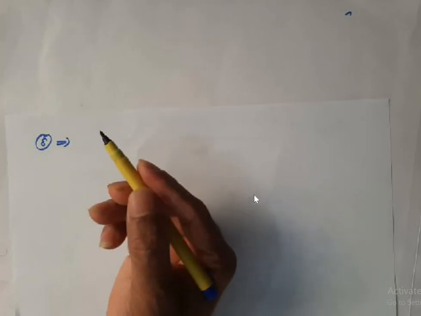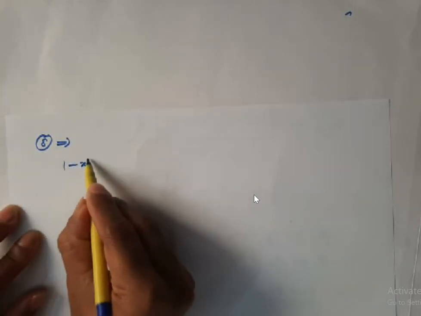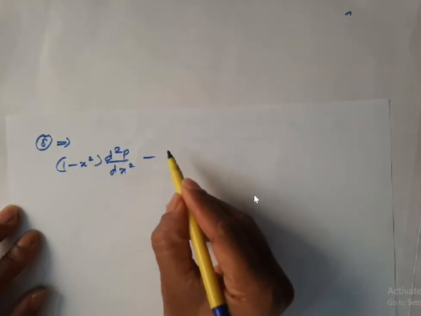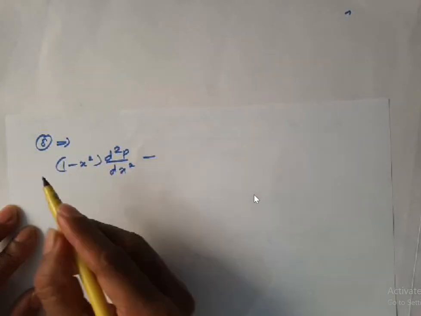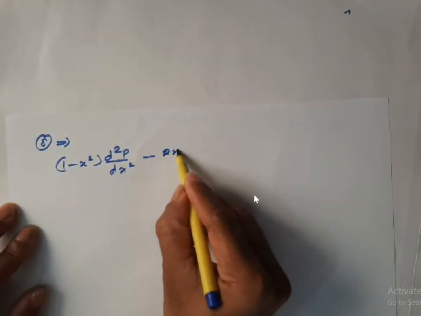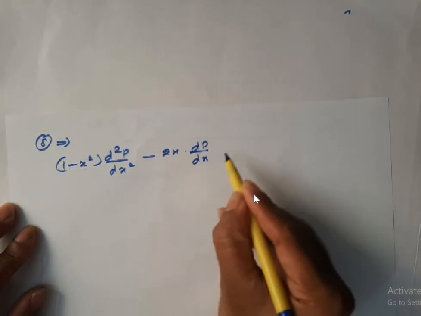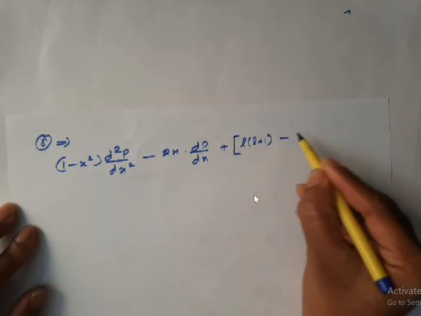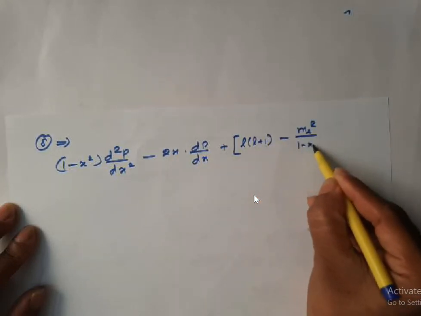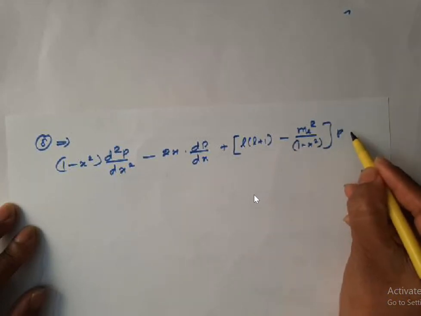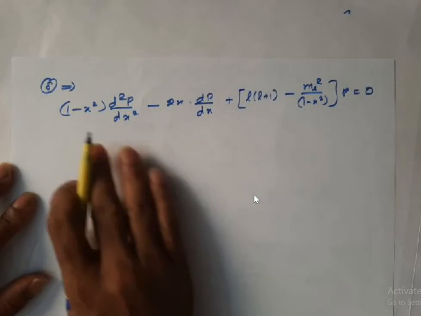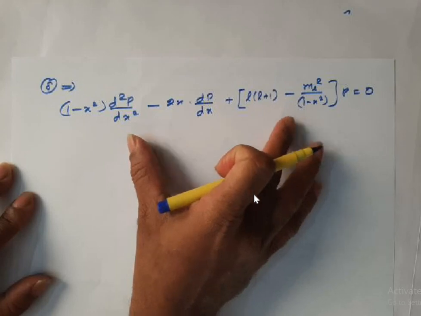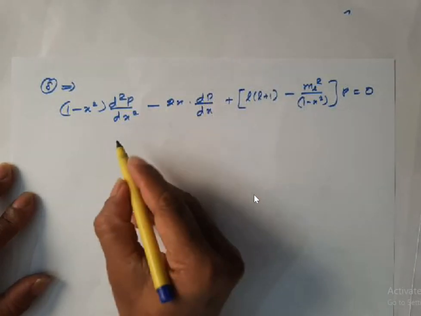In this differential equation, or even in equation number 8, which is nothing but 1 minus x square into d square p by dx square minus 2x into dp by dx plus, in the place of lambda, I'll put this L into L plus 1, L into L plus 1 minus ml square by 1 minus x square, into p equal to 0.